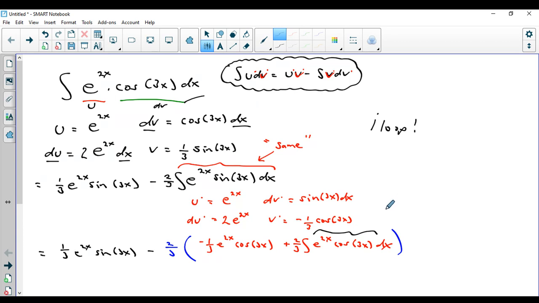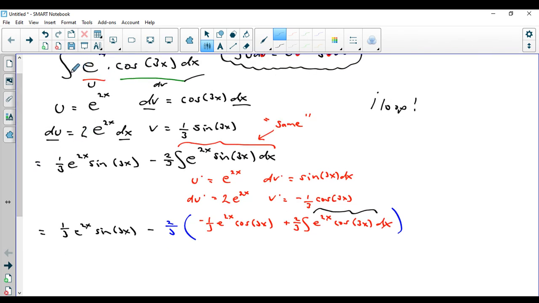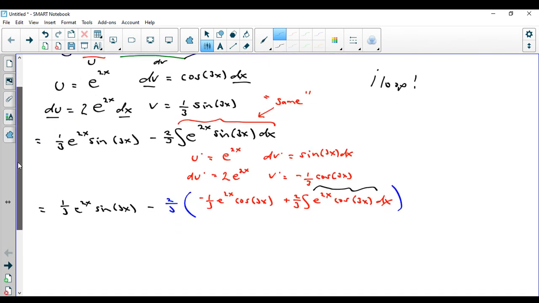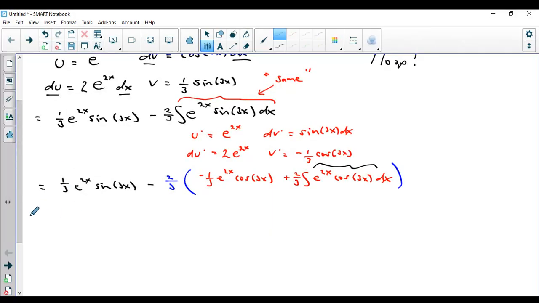So we can file these types of integration by parts problems as the loop problems, where you do parts twice and you get what you started with. That's a good thing. Now you might be asking, why is it a good thing? Well, let's write what we have. We have the integral of e to the 2x cosine of 3x.